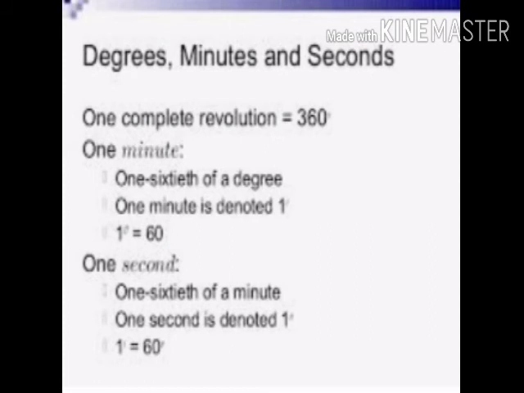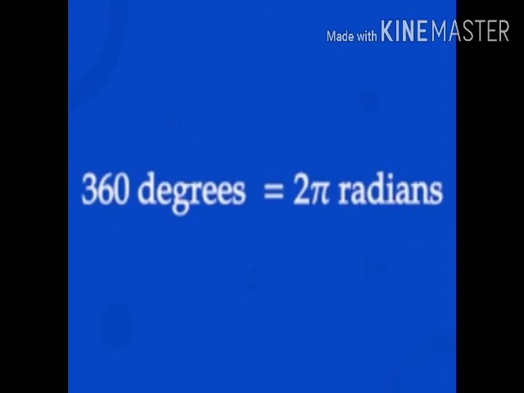Now listen, we learned pi radian is 180 degree. So what is 2 pi radian? 2 into 180 is 360 degree. So pi radian is 180 degree implies 2 pi radian is equal to 360 degree.